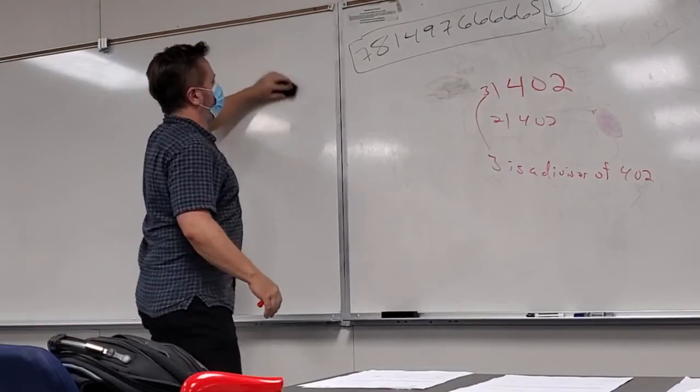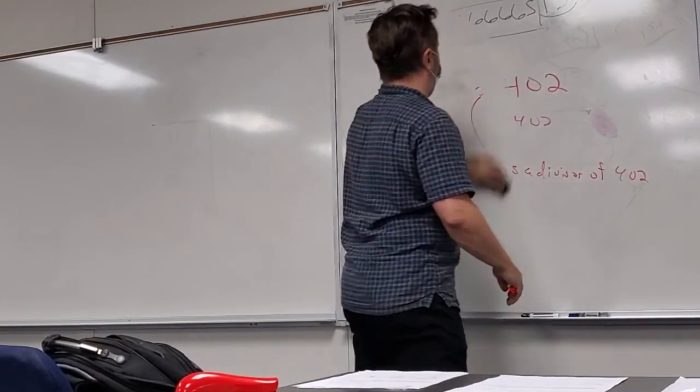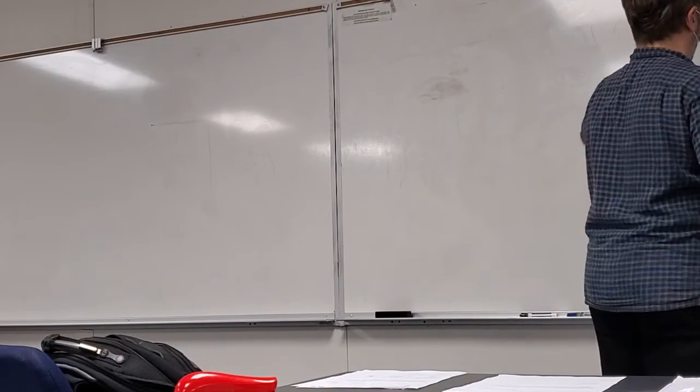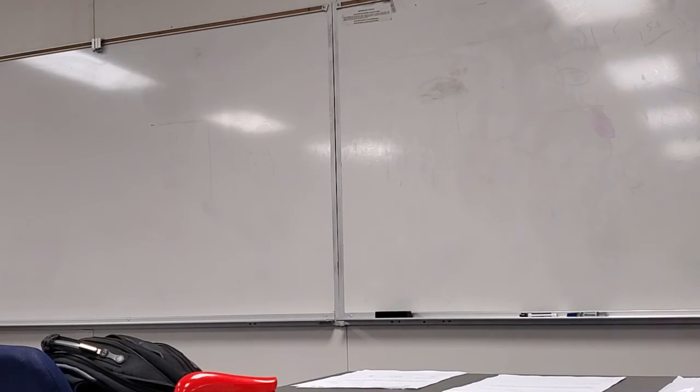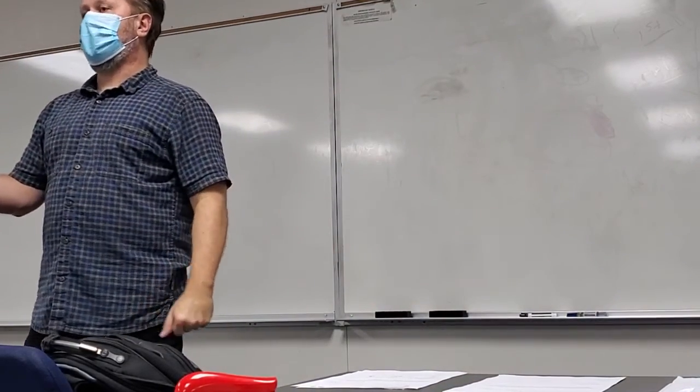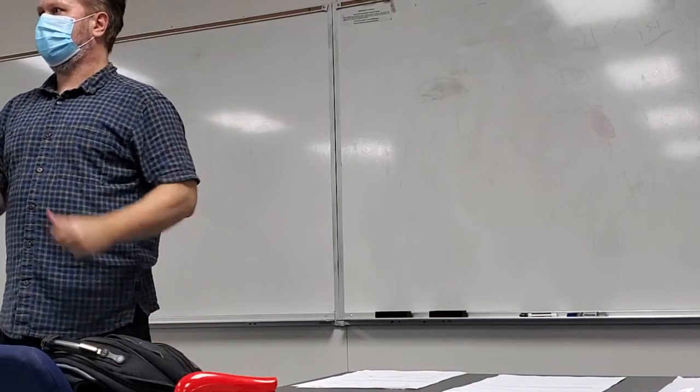So what we're going to do is prove the divisibility rule for 9. Because if we can prove the divisibility rule for 9, that basically proves the rule for 3 also.